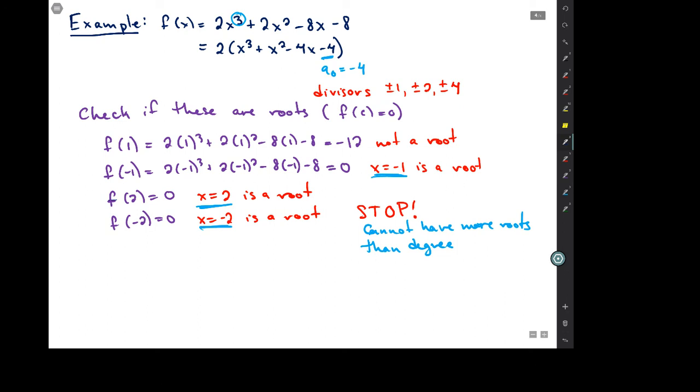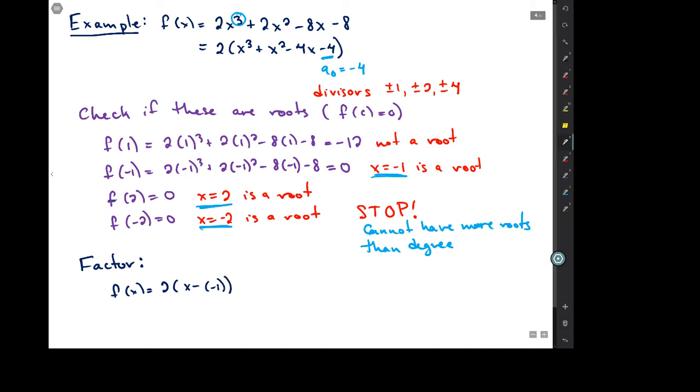If my goal was to factor this polynomial, now I know what the linear factors are. We already pulled that 2 out, so I know that I have 2. And then remember what we said before. Anytime I have a root, I know what a linear factor is. So my root x equals minus 1 gives me the linear factor x minus negative 1. The root x equals 2 gives me the factor x minus 2.